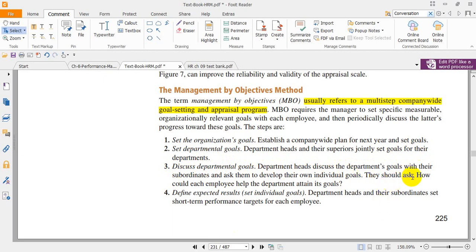They should ask how each employee could help the department attain its goals. Fourth, define expected results. Set individual goals. Department heads and their subordinates set short-term performance targets for each employee.